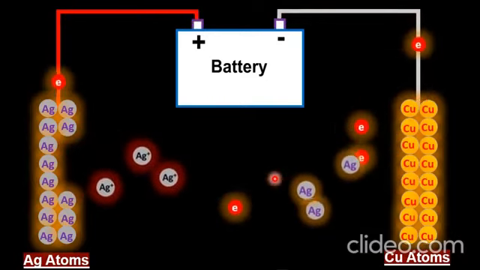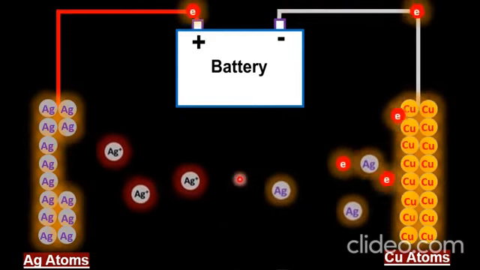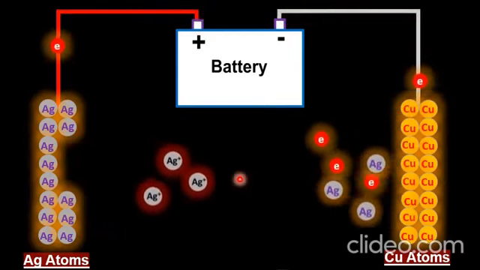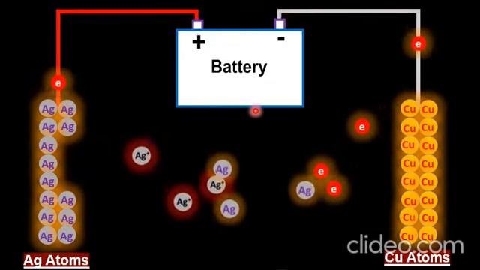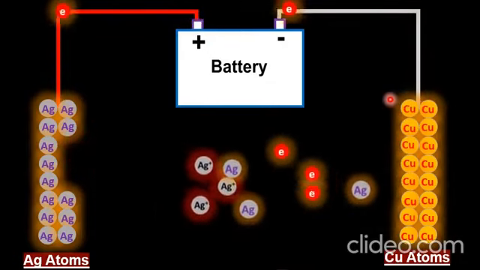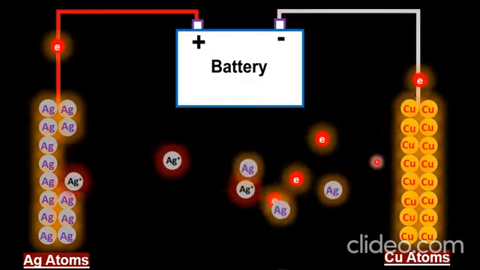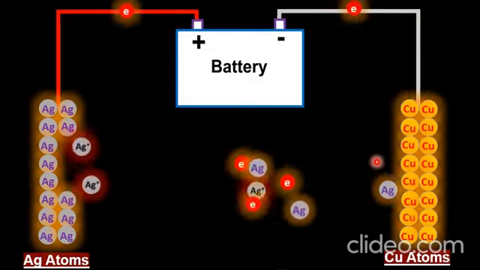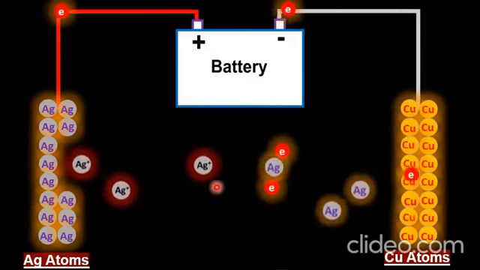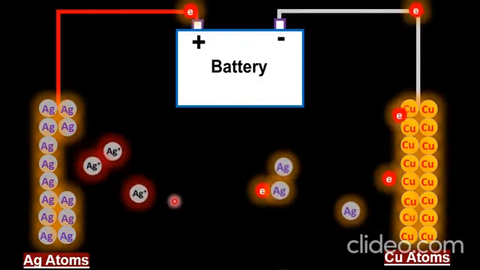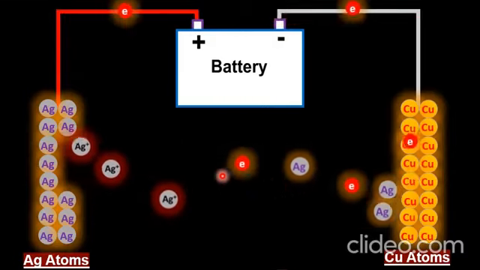Student, let us start by writing the chemical equation for the reduction reaction that happens at the copper side of the electroplating cell. As you know, we start with silver ions. These are the silver ions which are present in a solution. So silver ions are part of the solution.